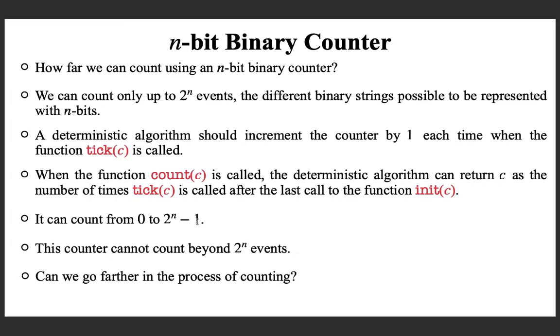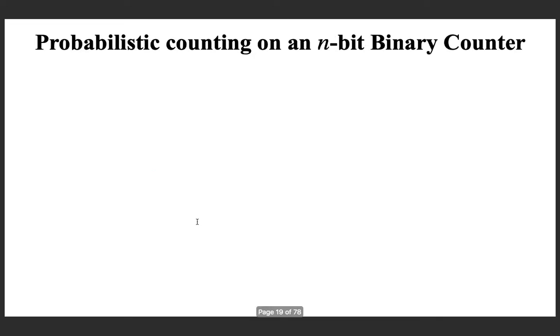Using n bits, it is not possible if you look at only deterministic implementations, but it is possible if you go for a probabilistic implementation of the counter. Now we can look at a basic probabilistic implementation.